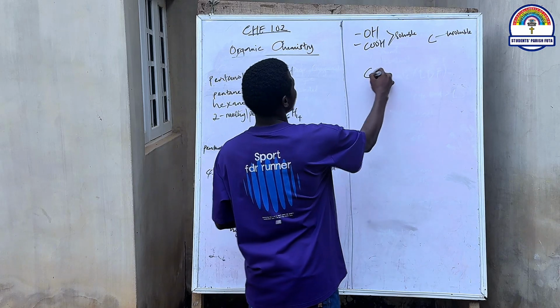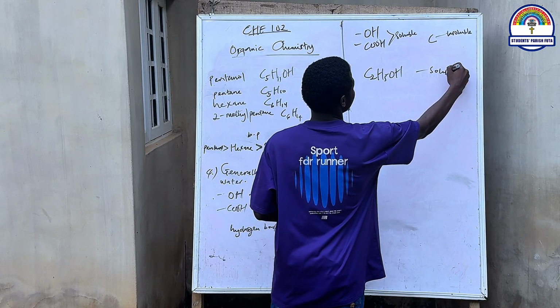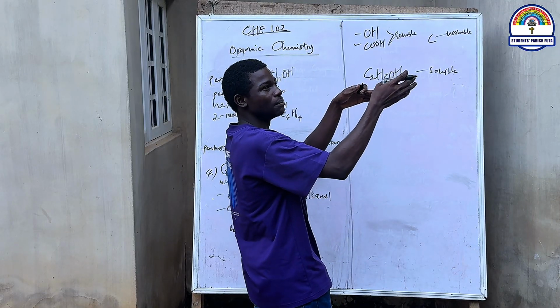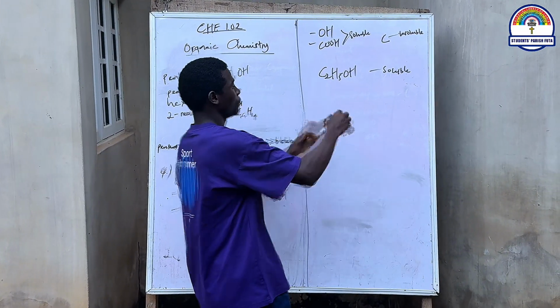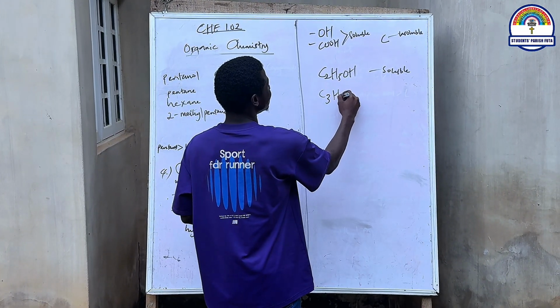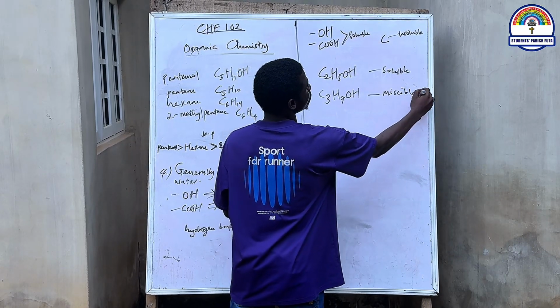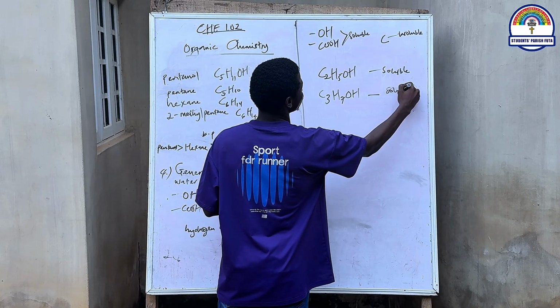Look at ethanol, for instance, C2H5OH. It is soluble because the hydrogen bond and the carbon bond have almost the same power. The hydrogen bond power exceeds or supersedes the carbon bond power. If you go on, as it increases, this one too is miscible. Still soluble in water, or let's just use the word soluble for it.